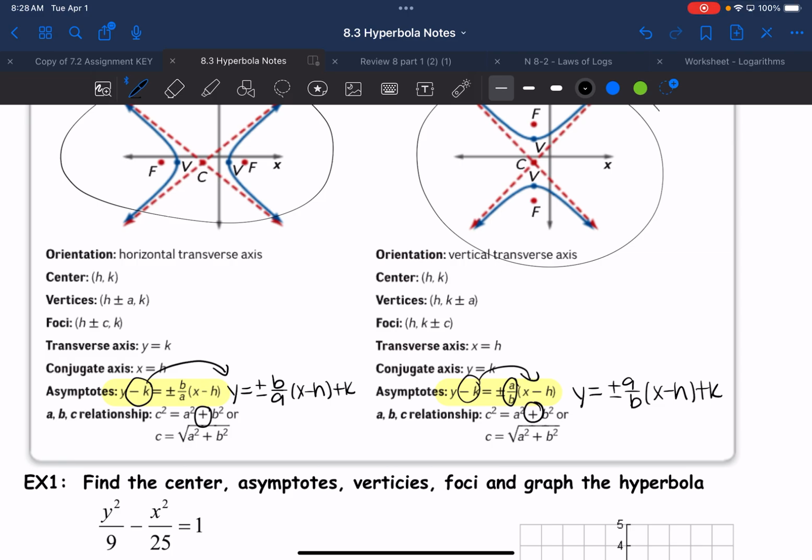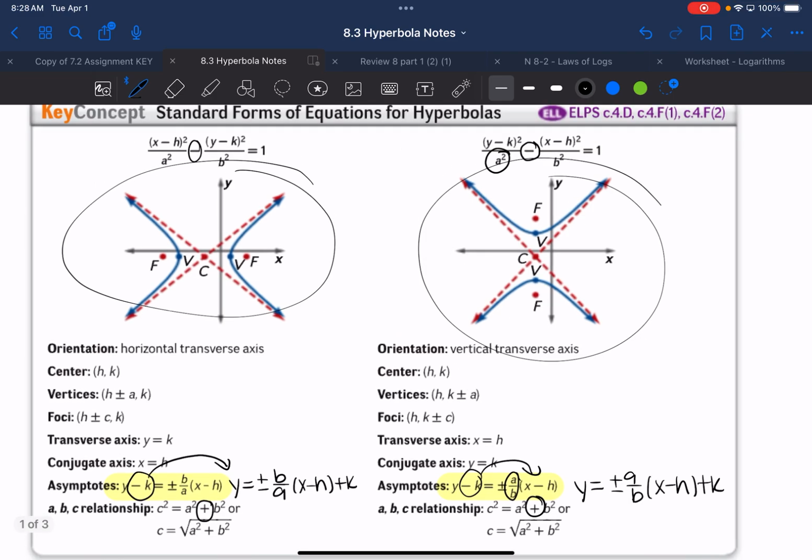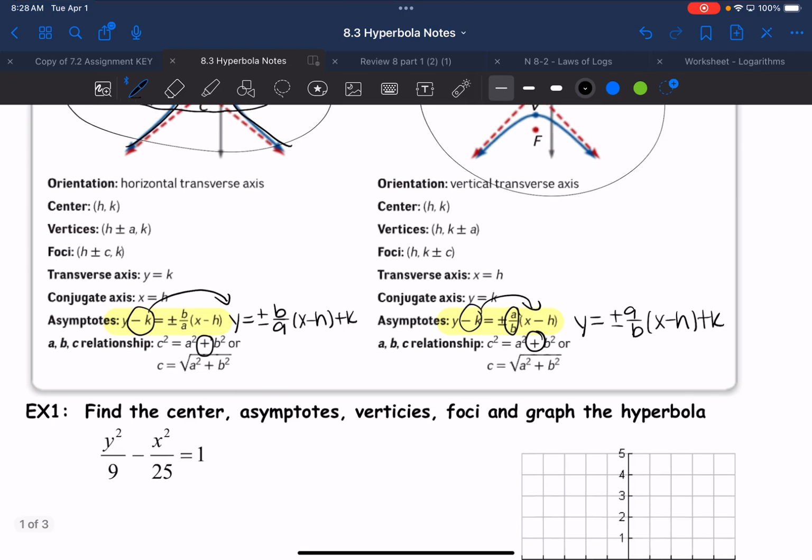So it changes just a little bit because instead of my two ellipses facing each other, right, and connecting, they're facing the opposite ways. So your a and your b kind of switch around there, okay? So now they're facing outward. Basically took two ellipses and flipped them the other direction, or cut it in half and flipped them outward, okay?